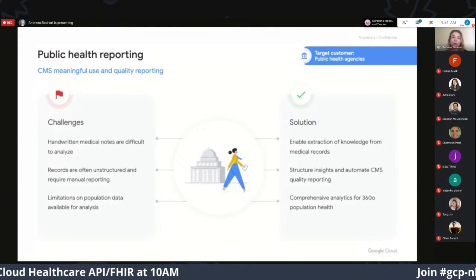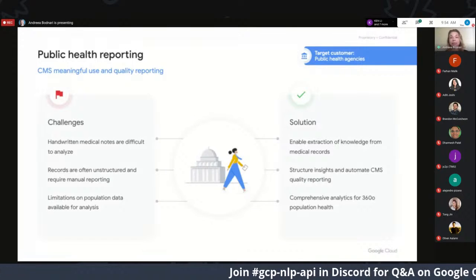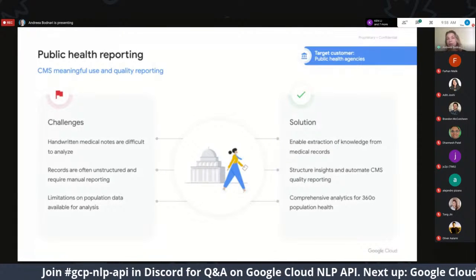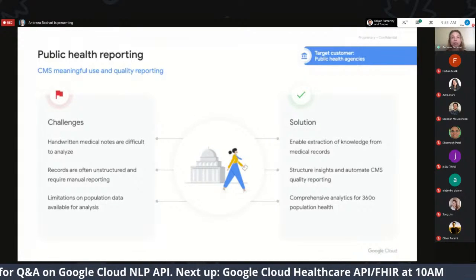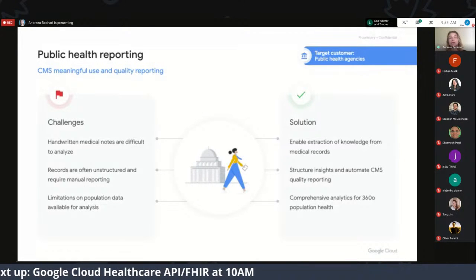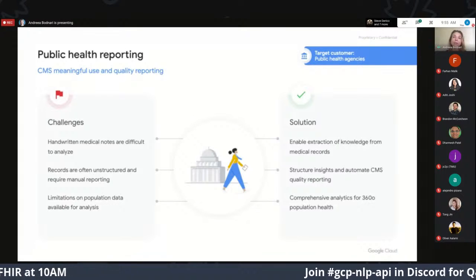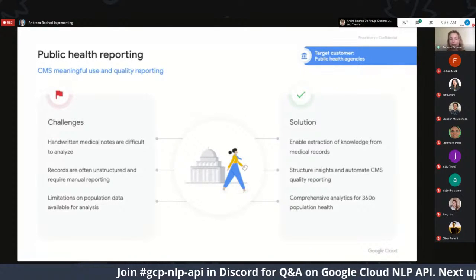And at its core, all of this information and automation of reporting can lead to comprehensive analytics of population health. And with comprehensive analytics of what's going on across the country in terms of population health, you can design better policies that represent the status quo more accurately.